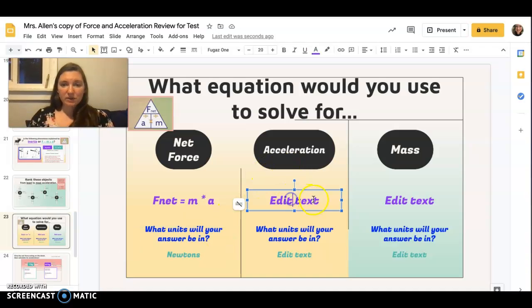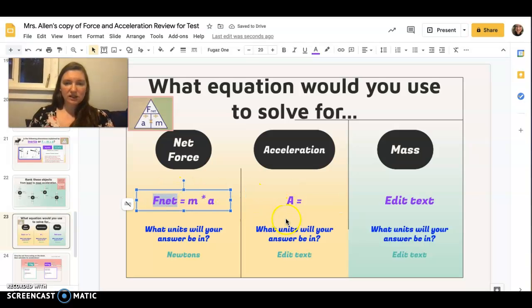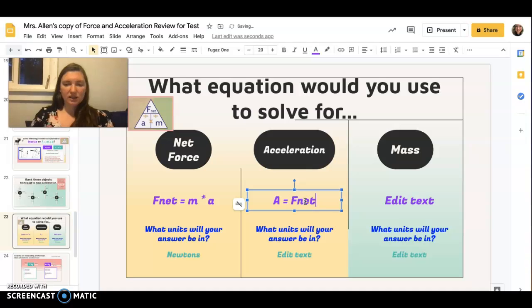So if we're solving for acceleration, then it's going to be A equals F net divided by mass. And again, the way that I figure that out is I cover up whichever one I'm solving for.